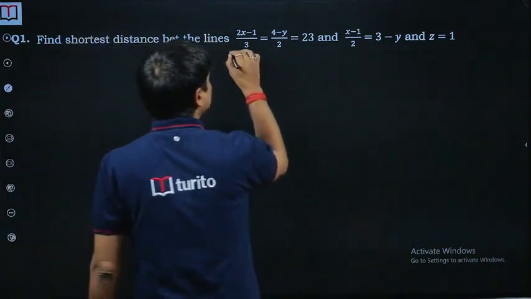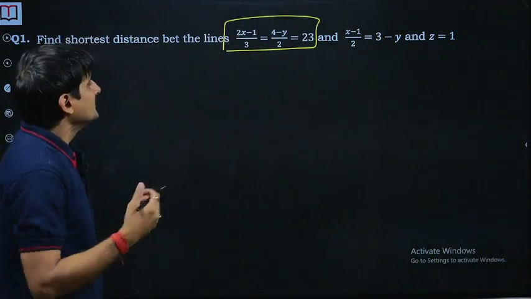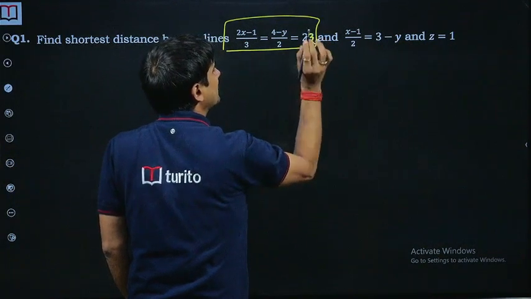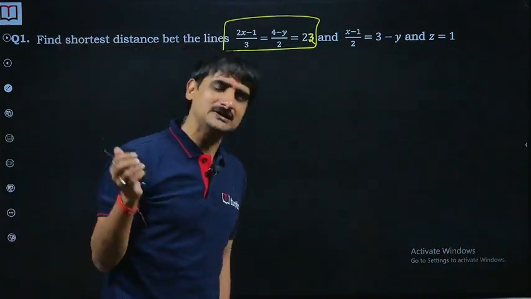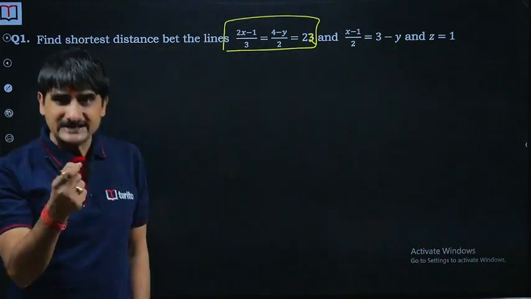Find the shortest distance between these 2 lines. The lines are (2x minus 1) by 3 is equal to (y minus 4) by minus 2 is equal to 2z here, and (x minus 1) by 2 is equal to 3 minus y, and z is equal to 1. In both equations I've changed a few things.